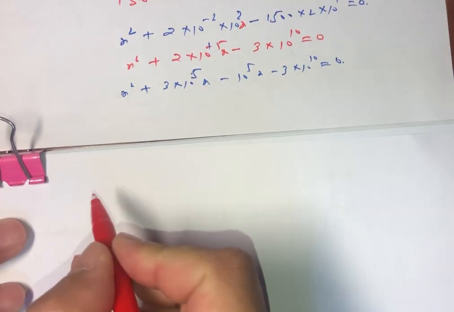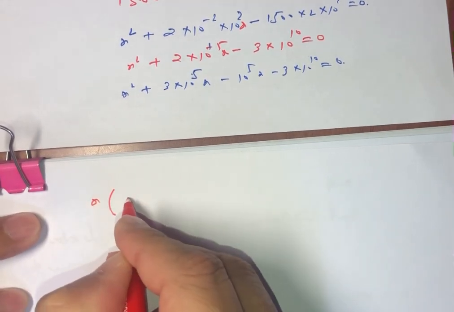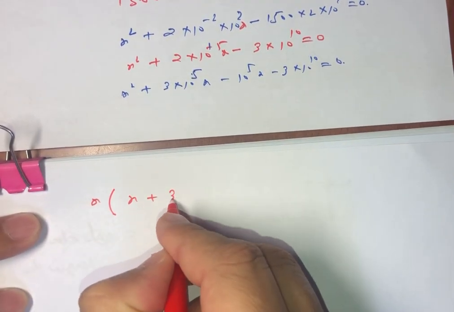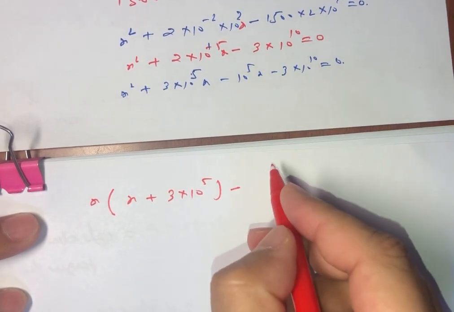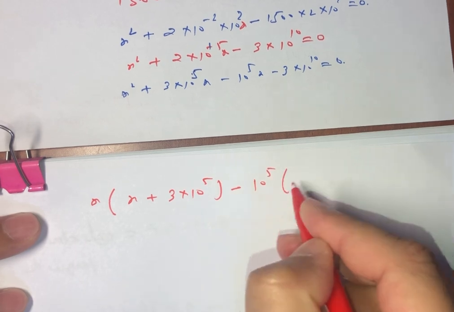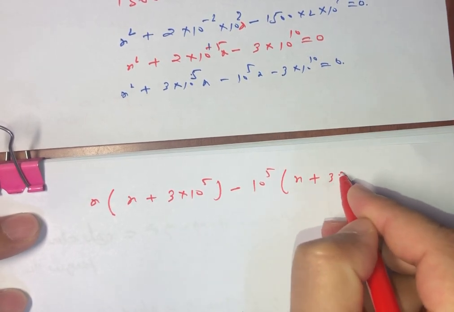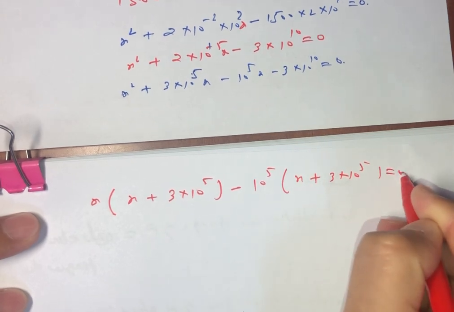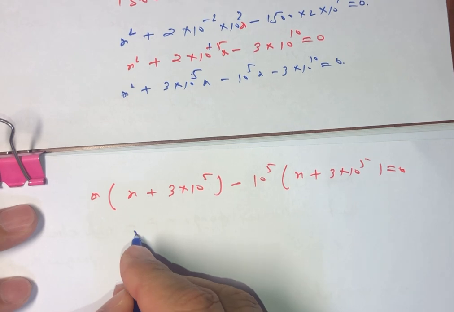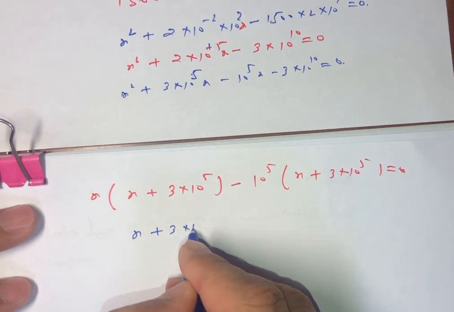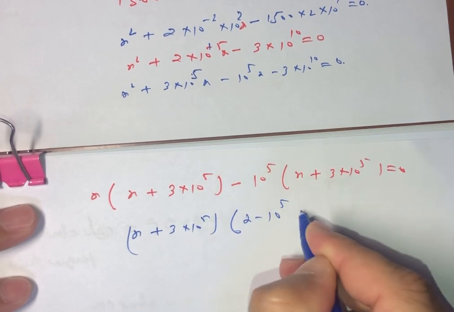Therefore, we can take x as common from the first factor: x times x plus 3 into 10 to the power 5, and from the second taking minus 10 to the power 5, times x plus 3 into 10 to the power 5, is equal to 0. We can arrange them: x plus 3 into 10 to the power 5 and x minus 10 to the power 5 is equal to 0.